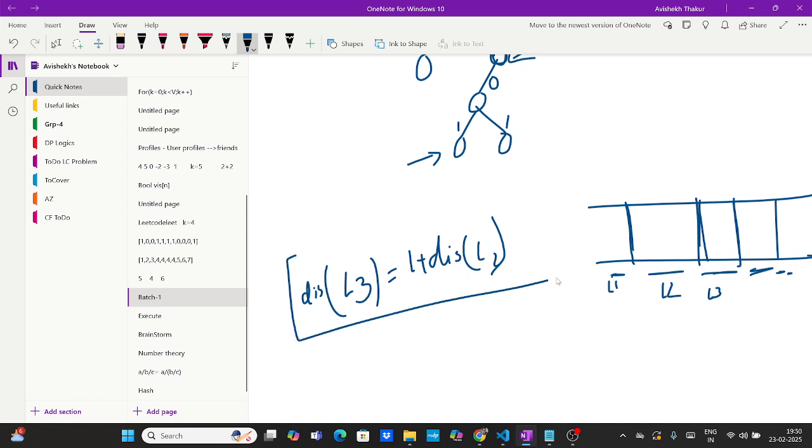Is this claim true for yesterday's problem? Yes. Distance to any level is equal to 1 plus distance to the previous level.